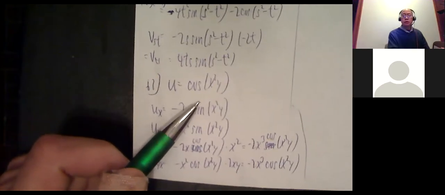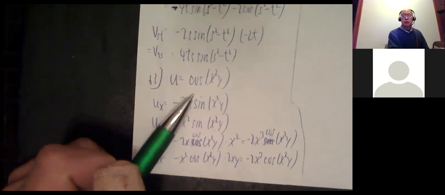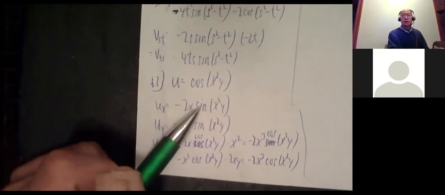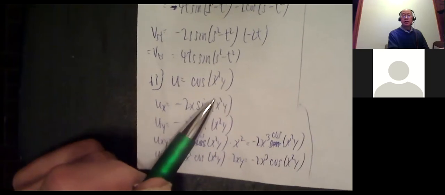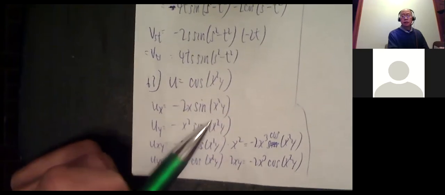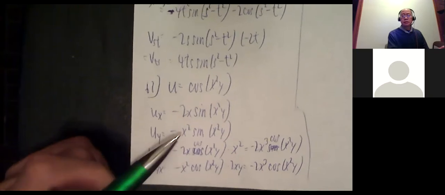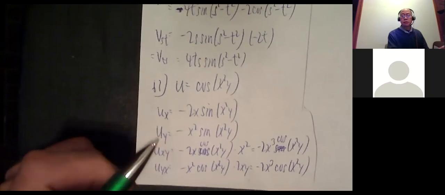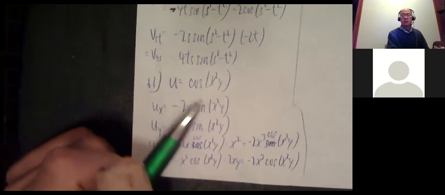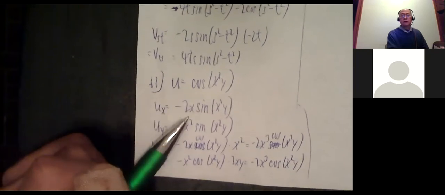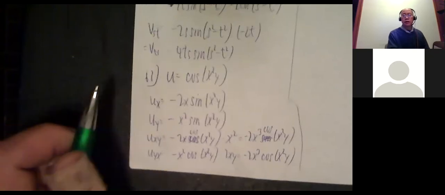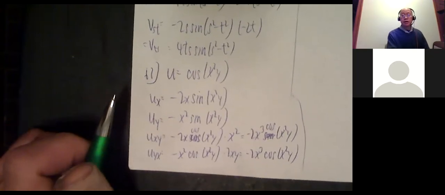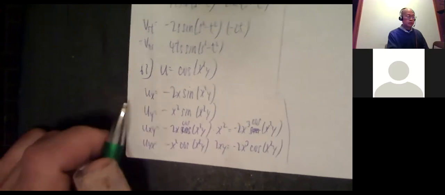Okay, so u is cosine of x squared y. So the partial with respect to x: the derivative of cosine is negative sine, so negative sine of x squared y times the derivative of the inside. Let's see, I think I got this wrong. It should be negative 2xy.